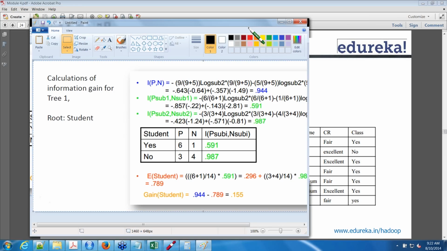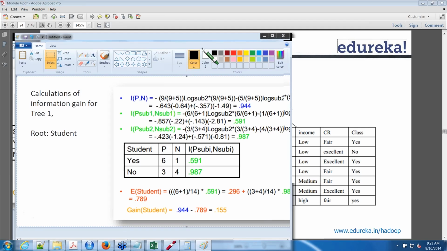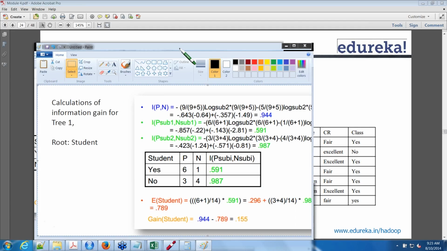If you look at it, it's student yes and no. So 6 and 3.